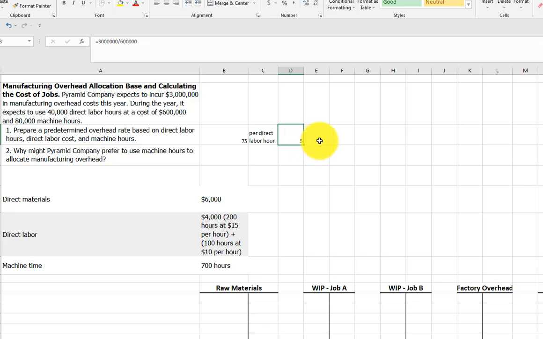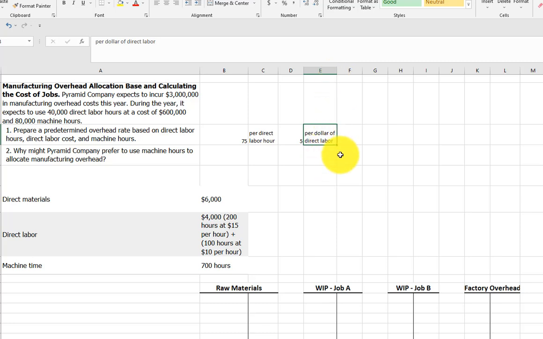It doesn't have a dollar sign on, but it's $5 per dollar of direct labor. So for every dollar you spend on direct labor, you have $5 of overhead that you would allocate to that job situation. And then the last one is machine hours.